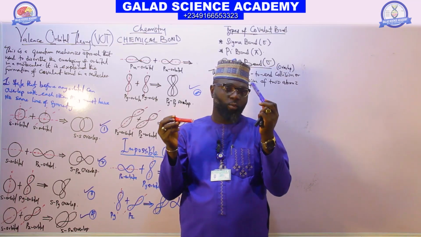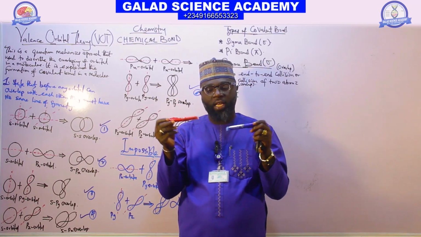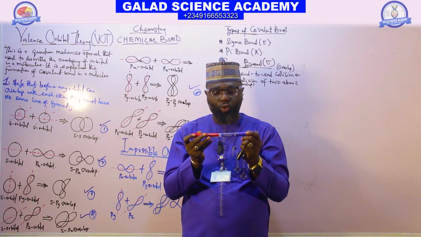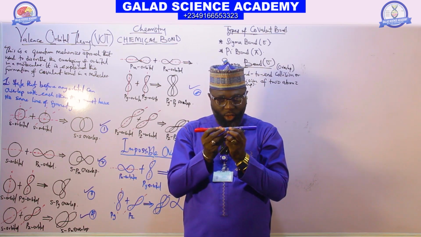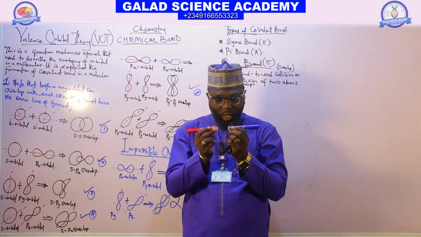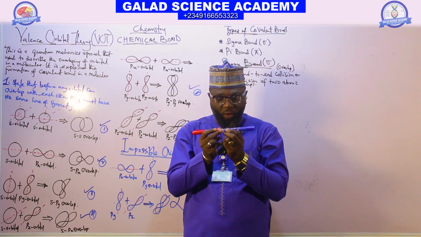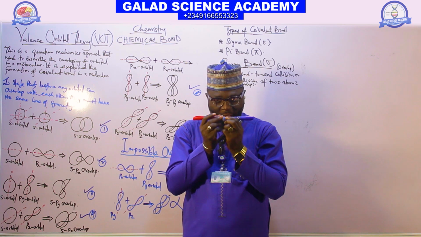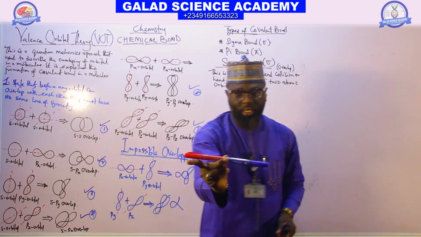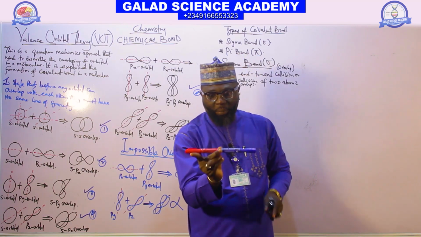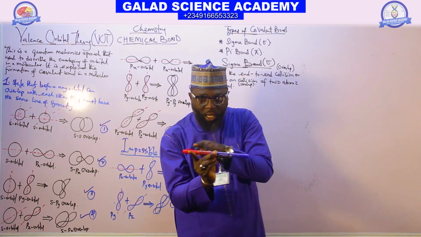This is a blue marker, this one is red. If these two markers overlap like this, end to end, when they overlap with two ends, this is what we call sigma bond. End to end overlapping or linear overlapping.